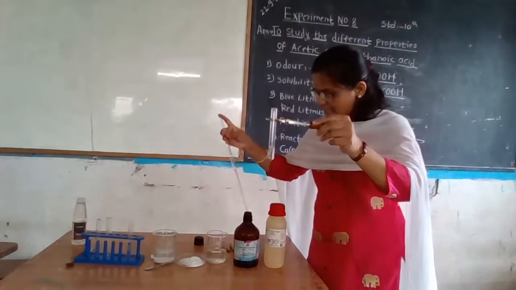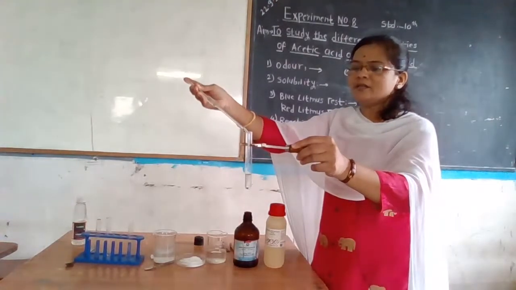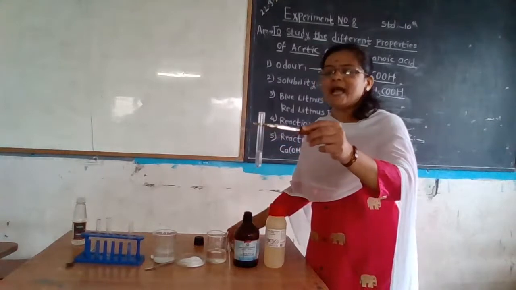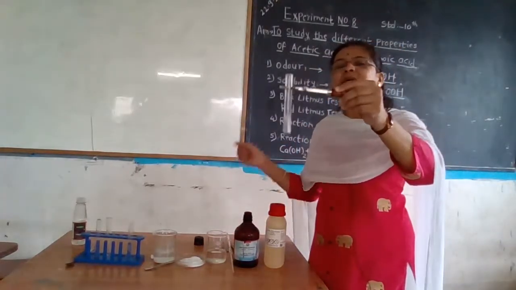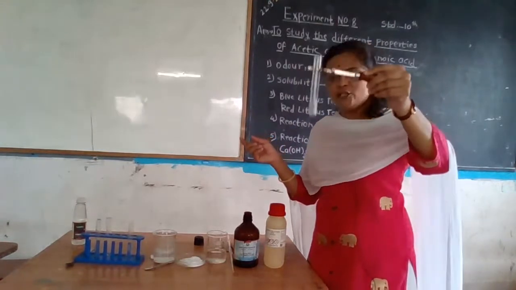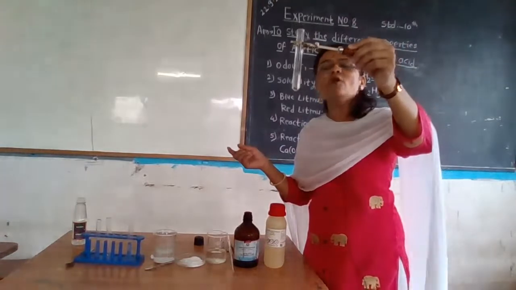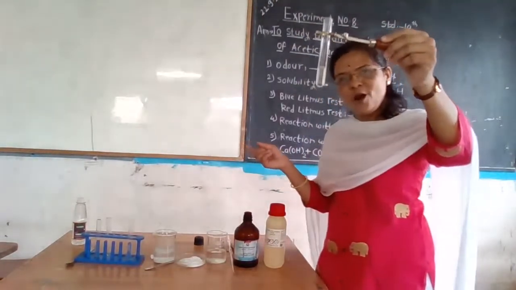Is acetic acid miscible in water? Precaution should be taken during the mixing of acetic acid in water. I am shaking the test tube. Students, observe, is acetic acid miscible in water or not?